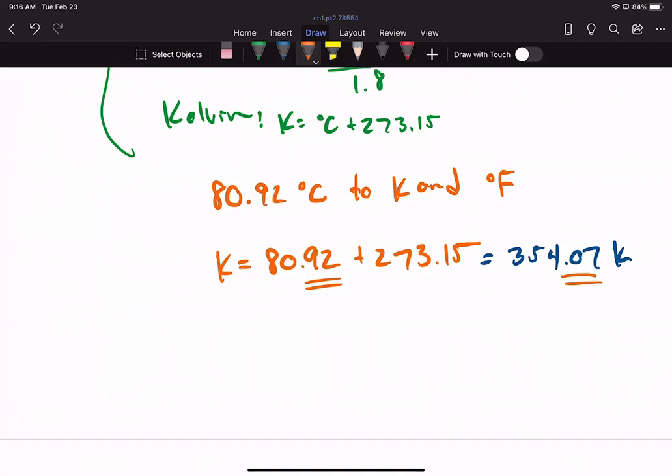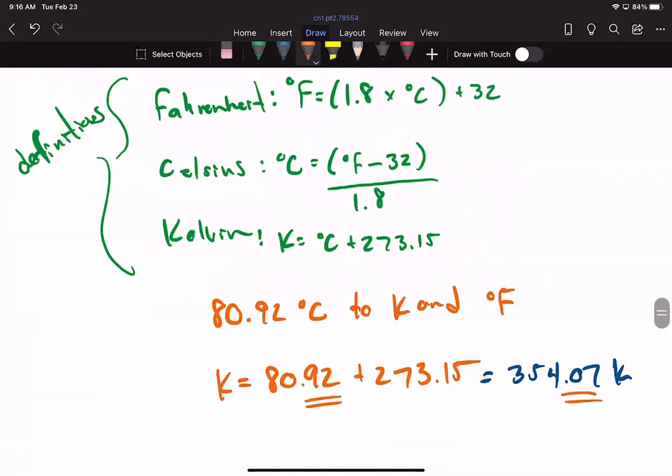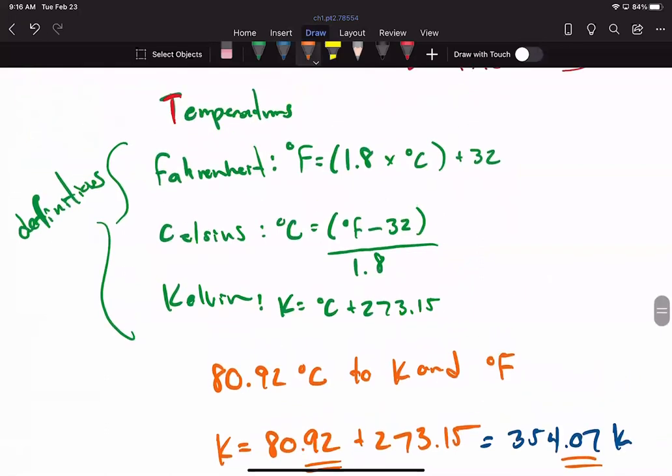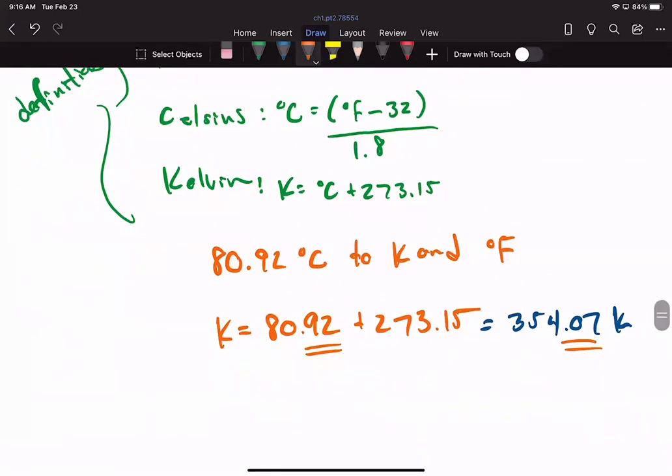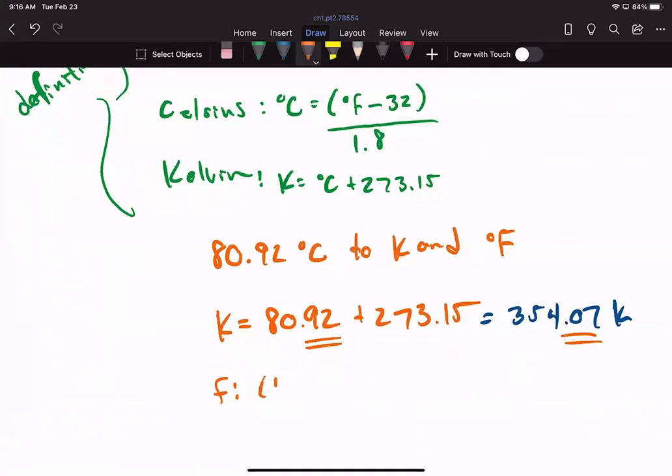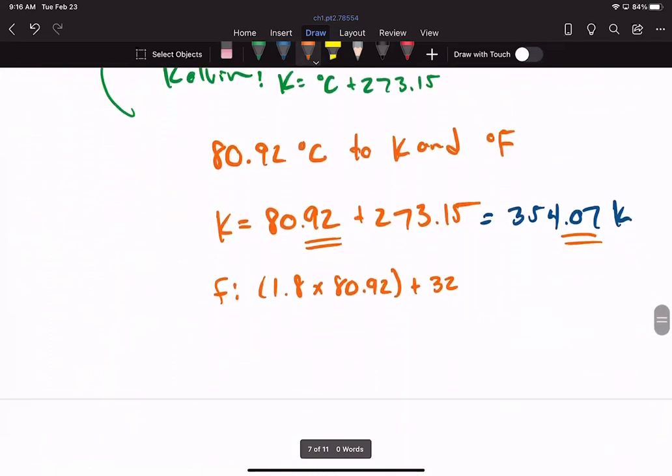All right, so now let's figure out Fahrenheit. Right? Fahrenheit is 1.8 times a degree Celsius plus 32. So in order to figure out Fahrenheit, 1.8 times the degree Celsius, which is 80.92, plus 32. All right.